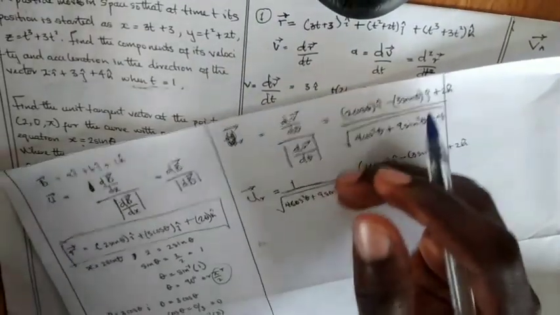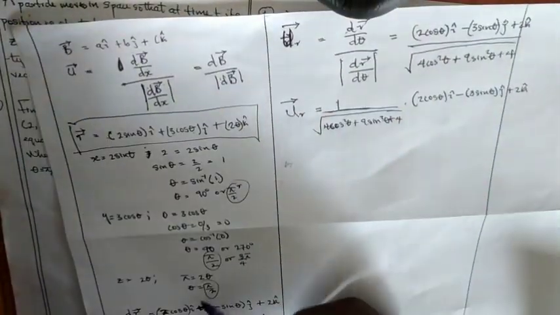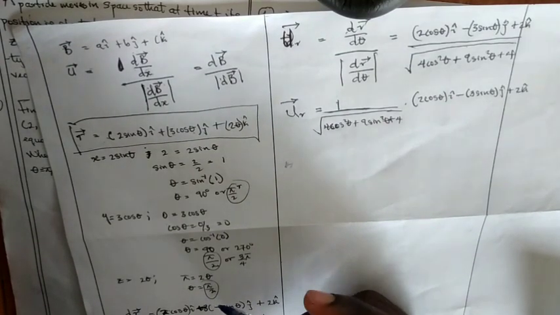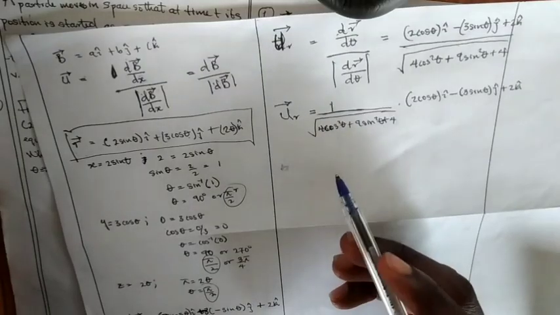So now we are forgetting something. We are supposed to put our theta equals pi over 2 into it, and we should have done that from the onset, but we can still do that here.